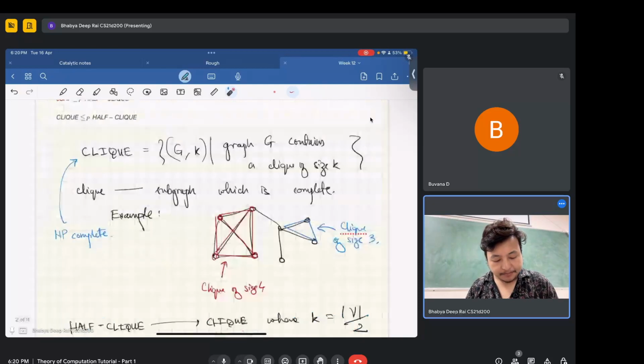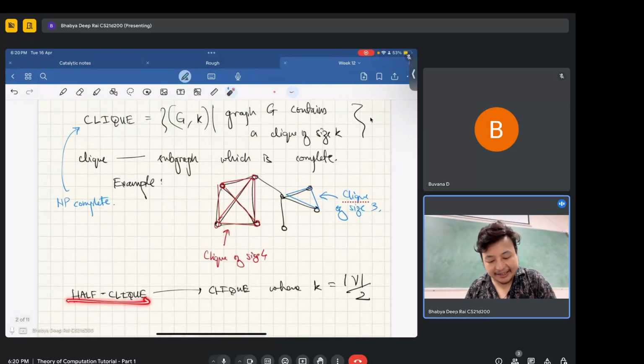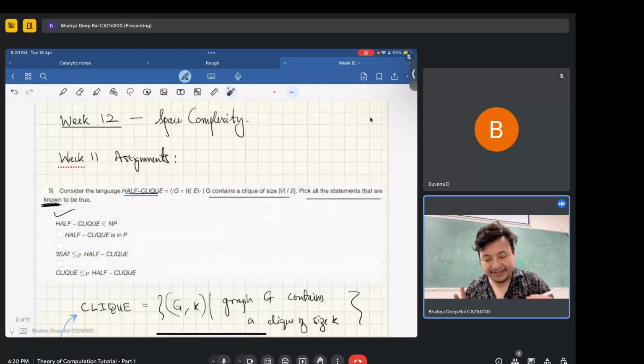In other words, we can think of half click as click only, but where k is equal to the number of vertices by 2. So they are asking questions like what is the status of half click?